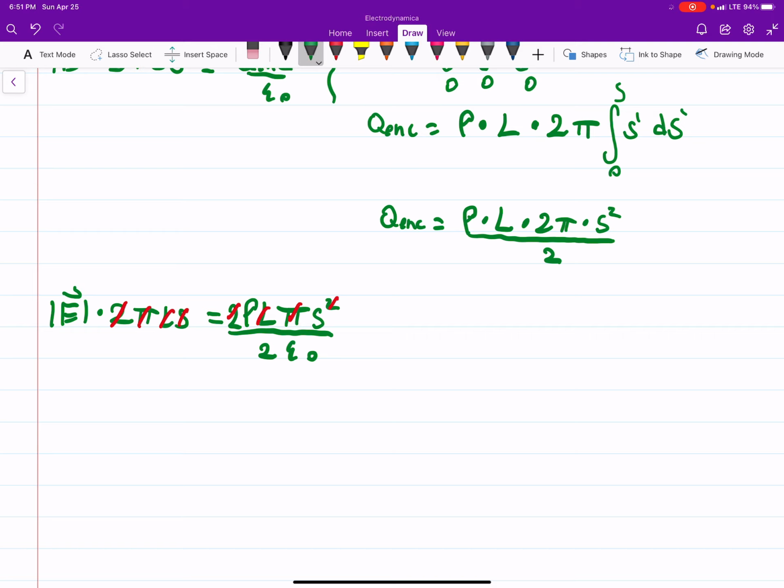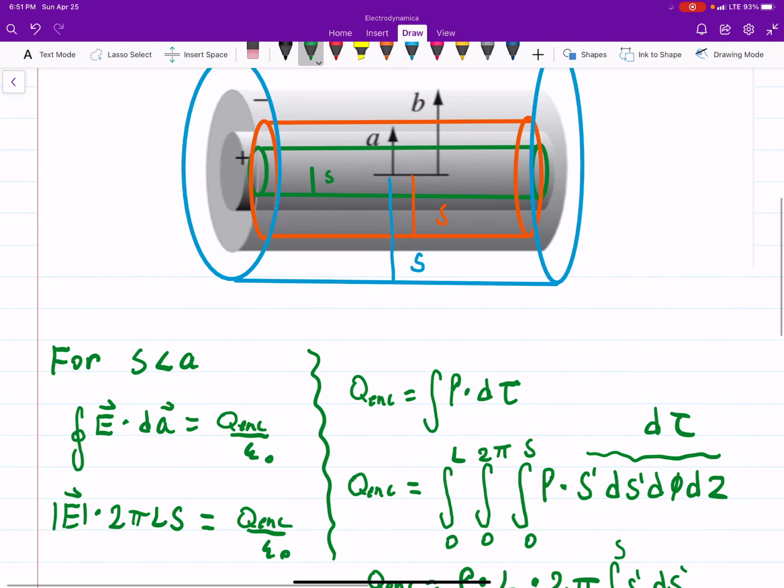And then the E field, we're going to drop the magnitude and add a unit vector at the end here, is just rho s over 2 epsilon naught in the s hat direction. So that's our E field for that portion of the cylinder. Again, that's inside that area.